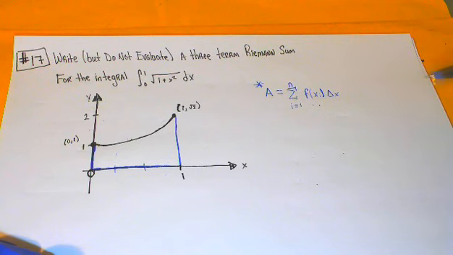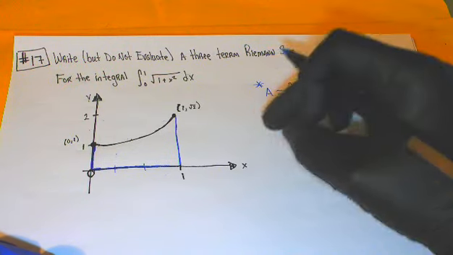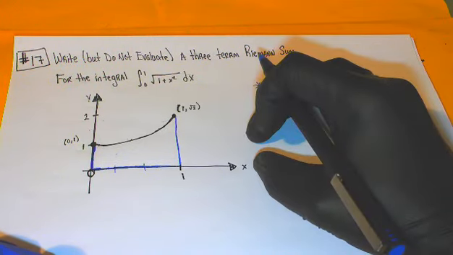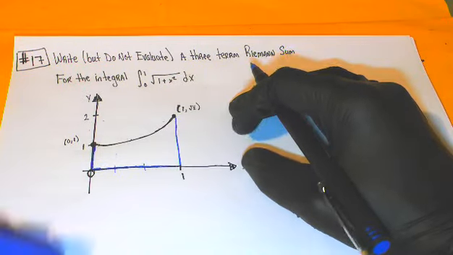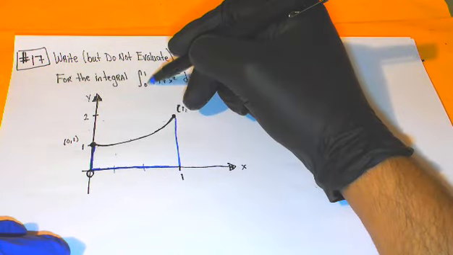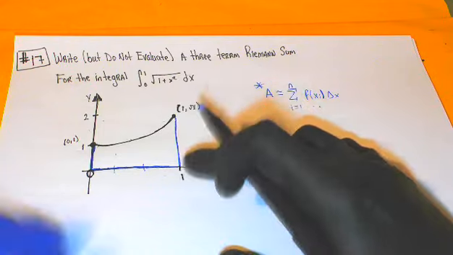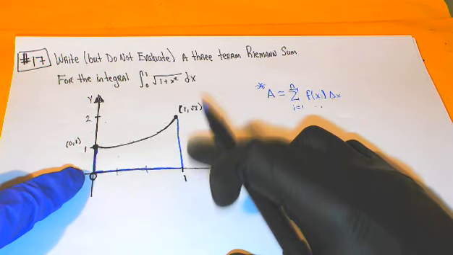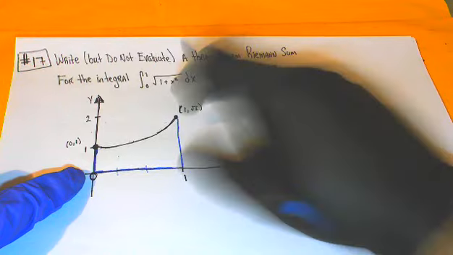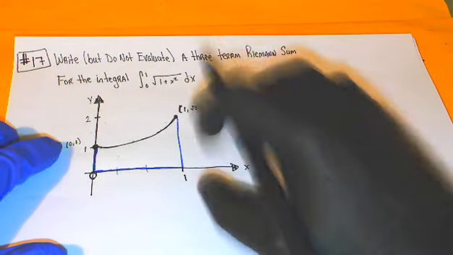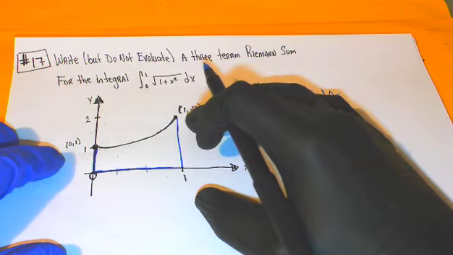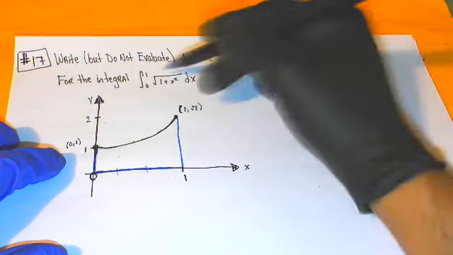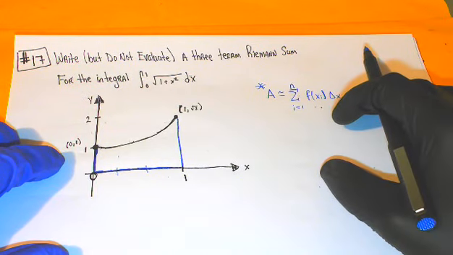So, first of all, what you want to do is create a sketch of your integral. Your integral starts from 0 and it ends at 1, so you're looking at this closed interval from 0 to 1. To create my sketch, I plugged in 0 and 1 into my square root of 1 plus x squared.